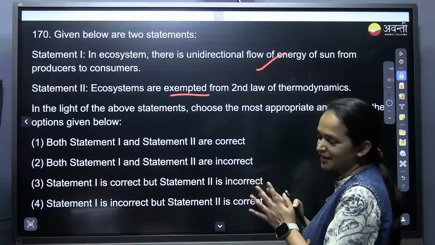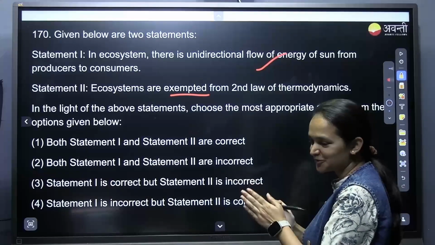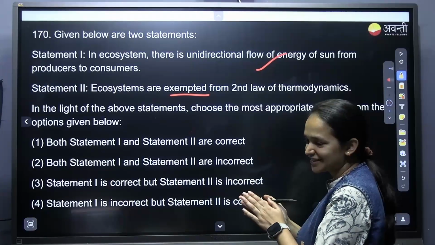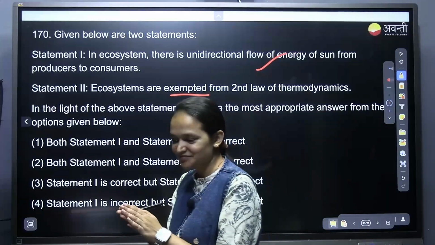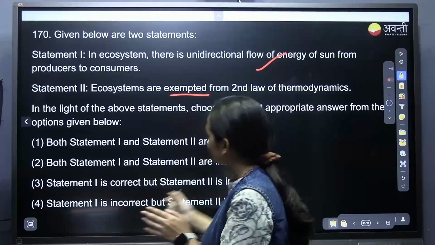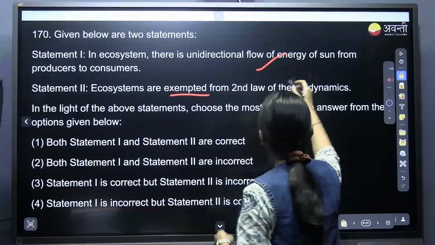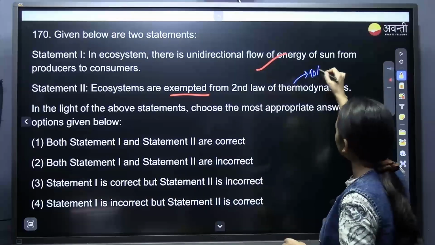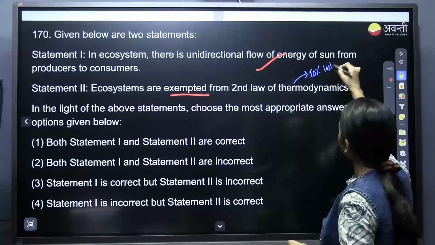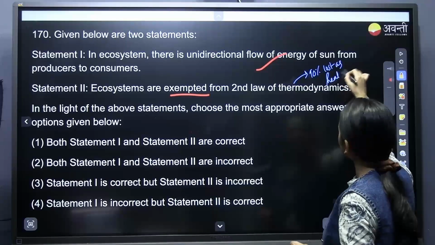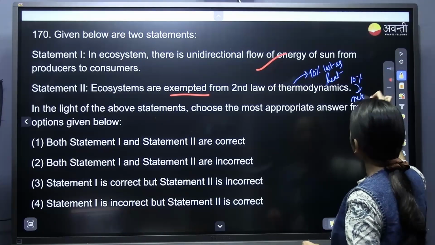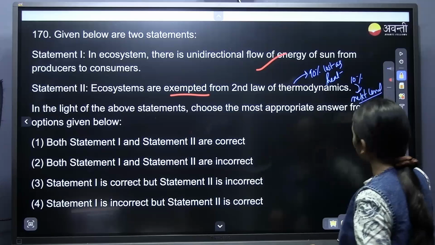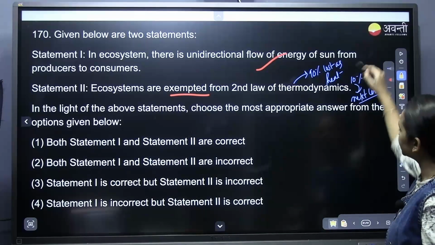How can that be, Prathamesh? Give the reason. See, here 90% of the energy will be lost as heat, and only 10% will go to the next level. What happens when this happens?